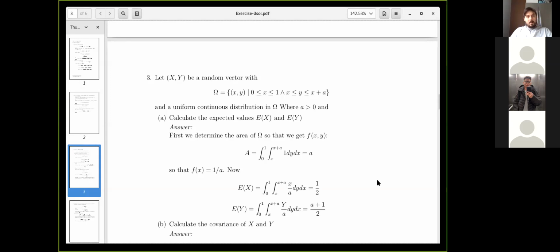That should be better. All right, so the expected value of x: we can integrate over x in this region, and it amounts to 1/2. Why is this so?